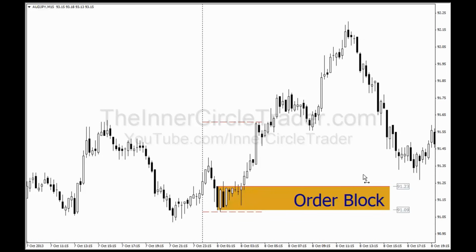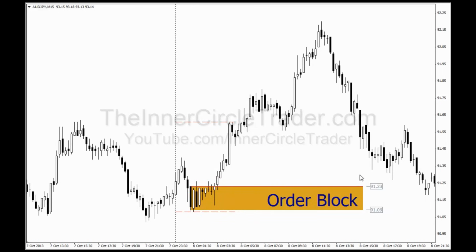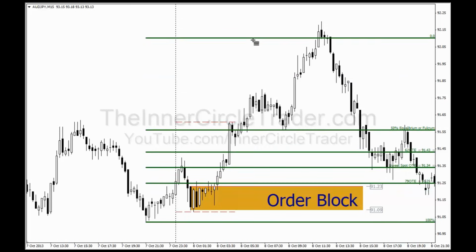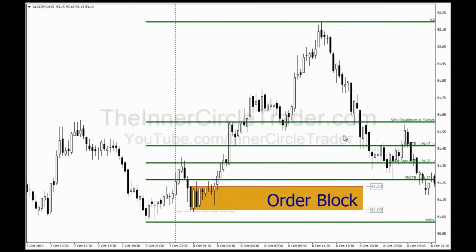So as price moved lower, we traded right into that area right here. Okay, now we have this price swing here and retracement. So if you take the range from here, this low to this high, you can see price right here at the 79-cent retracement level, and we dipped right inside that existing order block.